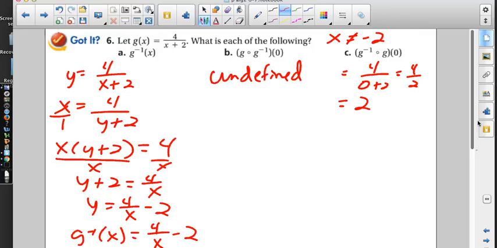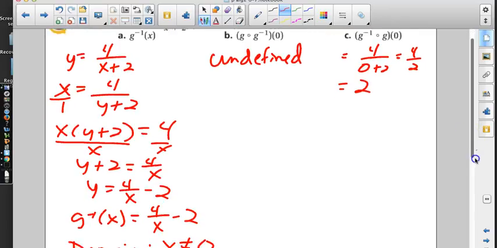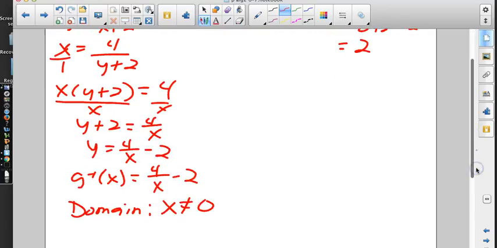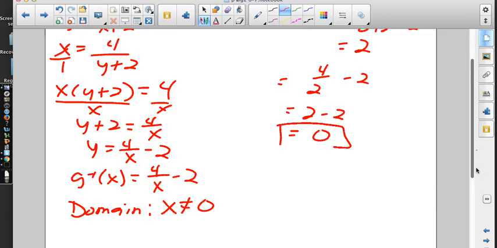Is it okay to put 2 into our inverse? Yeah, 0 was the problem. It wasn't 2. So 4 over 2 minus 2. So these problems, this is using everything that we've talked about so far. We're putting that composition together, domain and range, all of that good stuff.